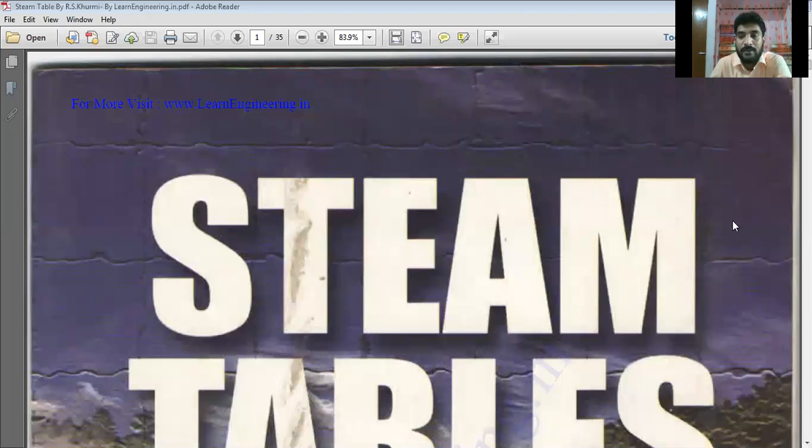So this is the steam tables. The main properties in the steam tables are specific enthalpy, specific entropy, specific volume and specific internal energy.